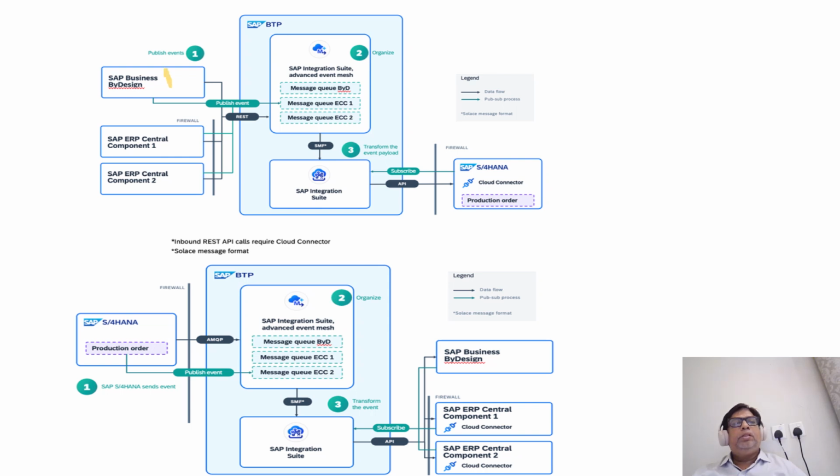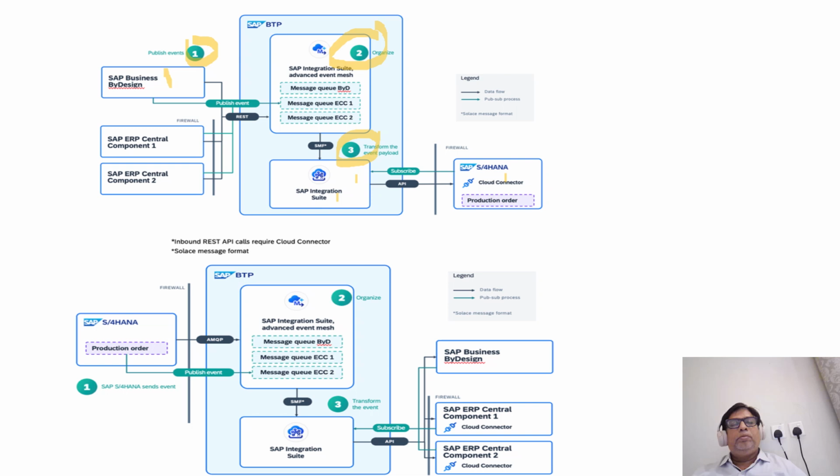This is called the basic design, and this is our event mesh, and this is our suite integration. It will be coupled via purchase order, and it will be sent via API and the REST adapter, which will also be utilized for the side-by-side options. Okay, this is the first one, publishing the event. Then the second one is organizing the events, and the third one is transforming the events.